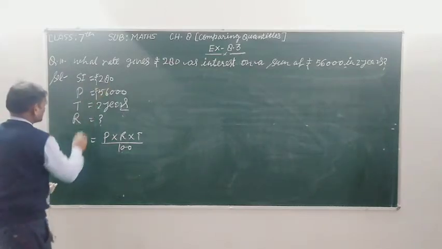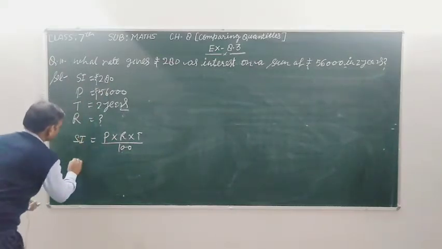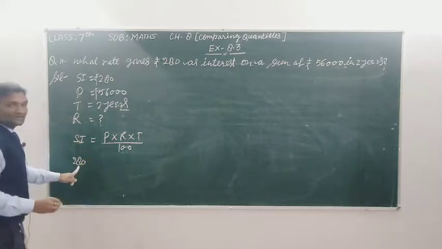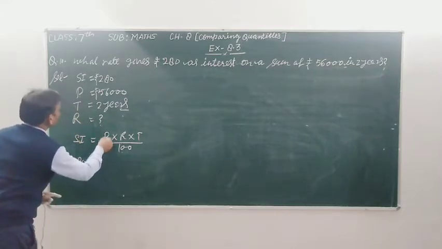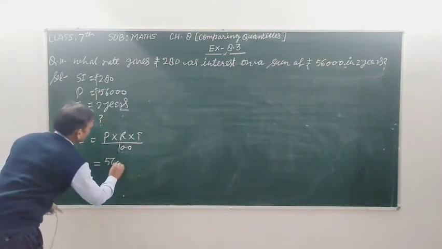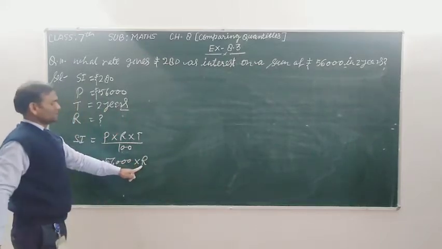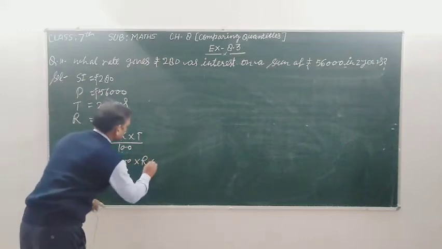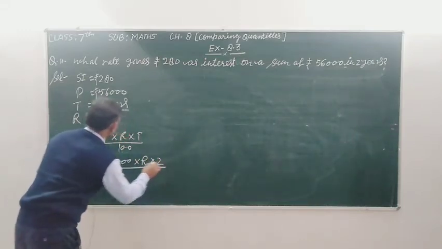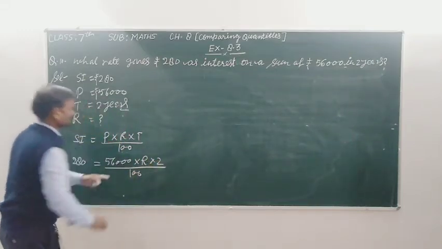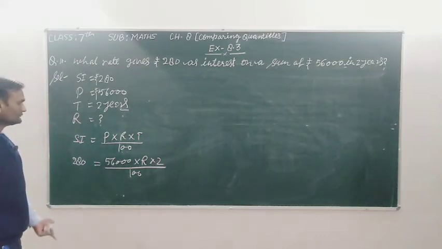SI is given 280. So, in the place of SI, we will write 280 is equal to P, which is given, 56,000. R is needed to find out. Time 2 years upon 100. This is very easy.